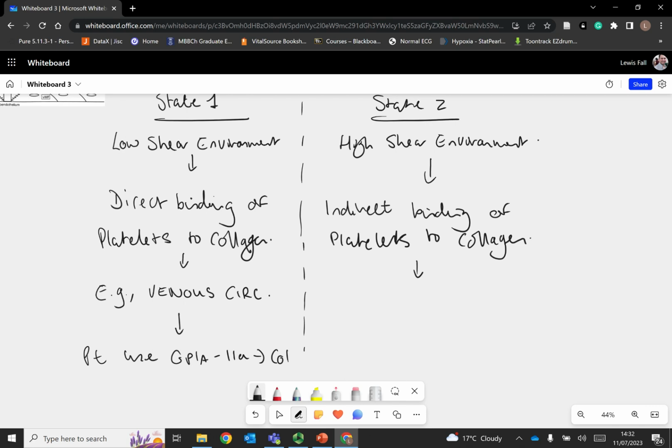Now, in higher shear environments, these are going to be representative, I should say, of arteries, arterioles, and even capillaries.